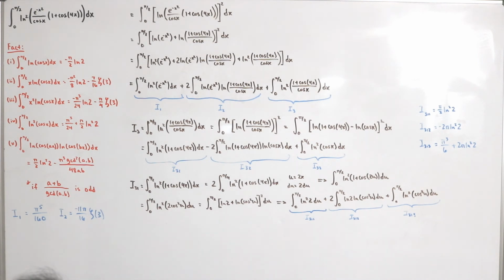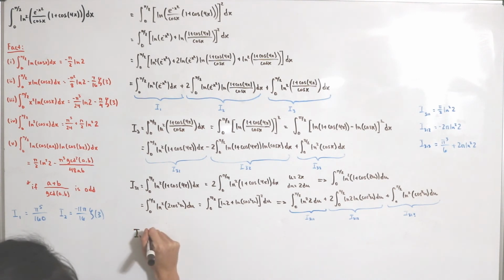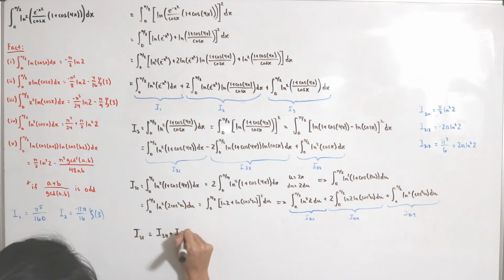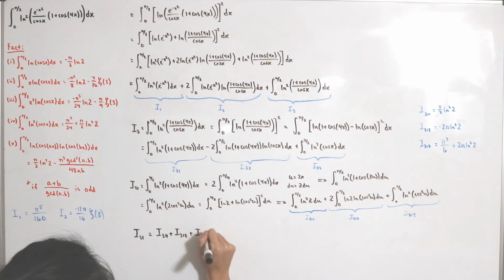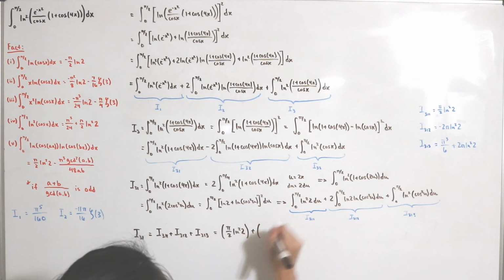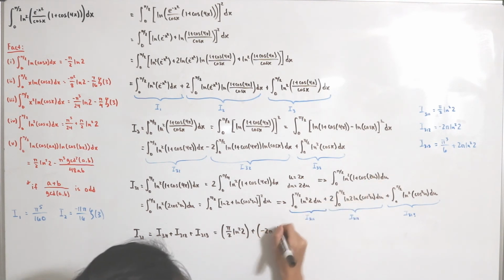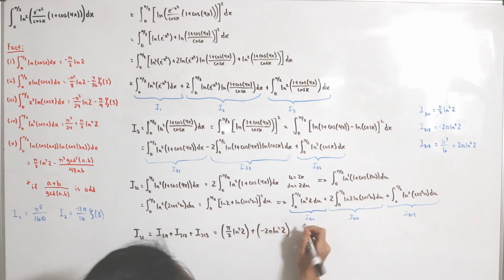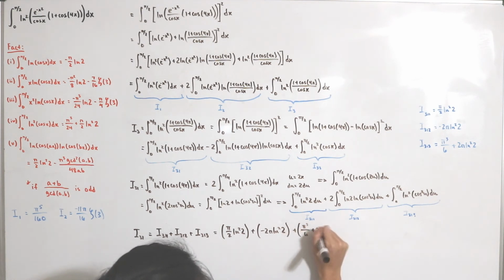So that means our I sub 31 simply is just equal to I311 plus I312 plus I313, which is, reading back, pi squared ln squared 2, minus 2 pi ln squared 2, then plus pi cubed divided by 6 plus 2 pi ln squared 2.